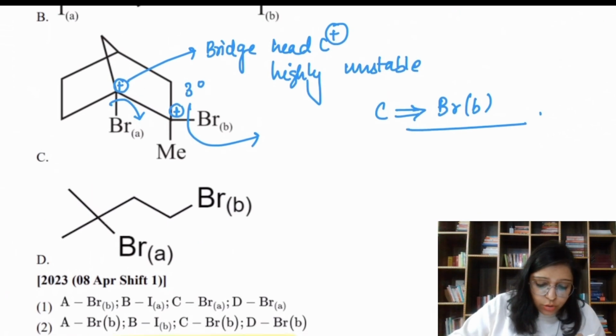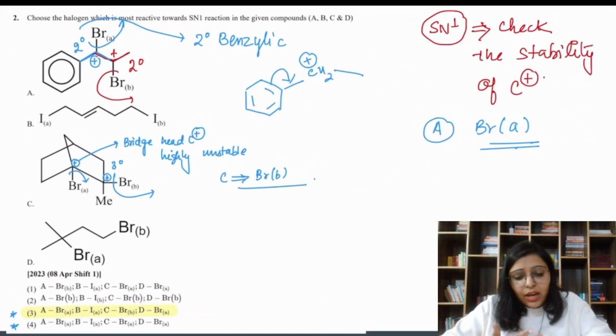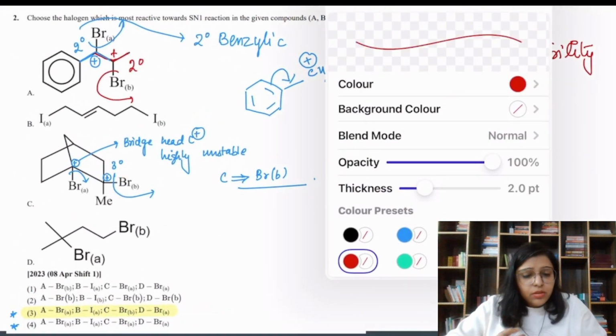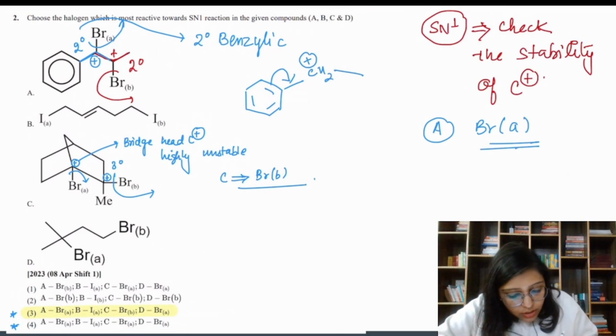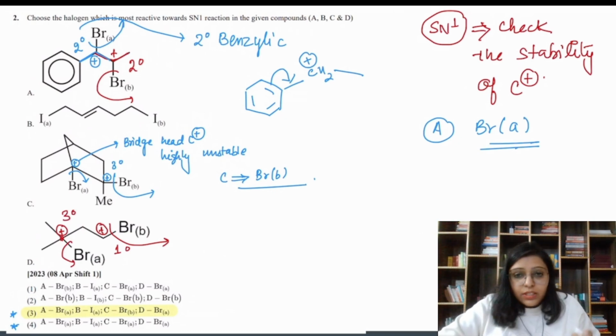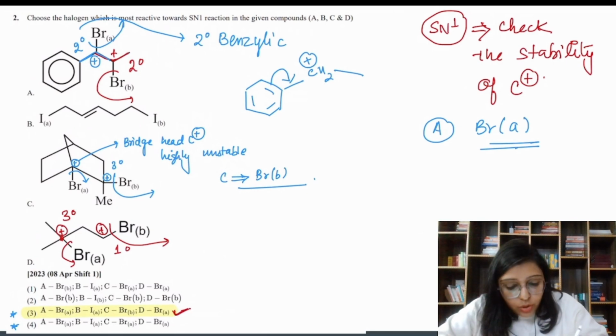Now because we are in a learning process, we can also check the other options. See, if I remove this, we get a positive charge which is 1 degree. If I remove this, we get a positive charge over here, which is 3 degree. So obviously the 3 degree carbocation is going to be more stable. So here Br A. Now check over here.